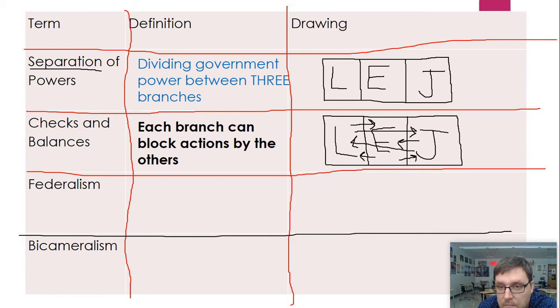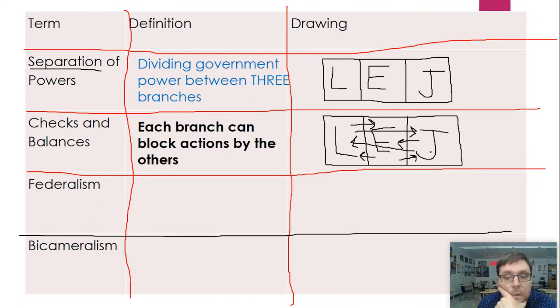They can confirm them. So there's checks and balances all around. Basically, each branch is able to check and balance the powers of the others. Okay, hold on, because we're going to talk about why all this happened, why all this is. But let's go to the next thing.